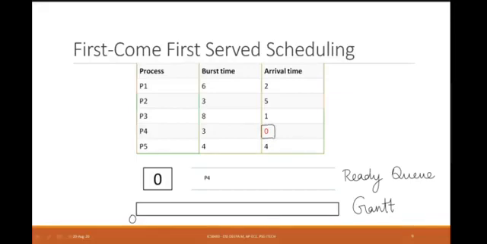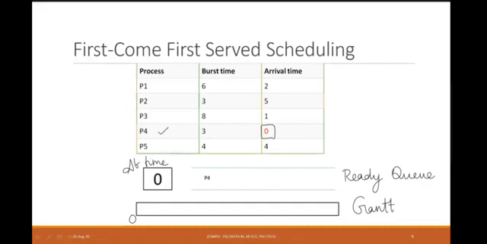At time 0, what are all the processes that will be present inside your ready queue? We are going to have only one process, that is your P4. All the other processes would not have arrived. So I can allocate this P4 to my CPU.